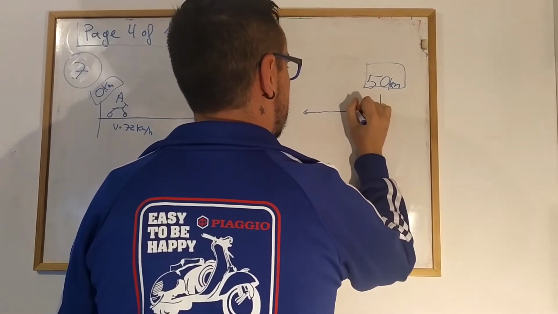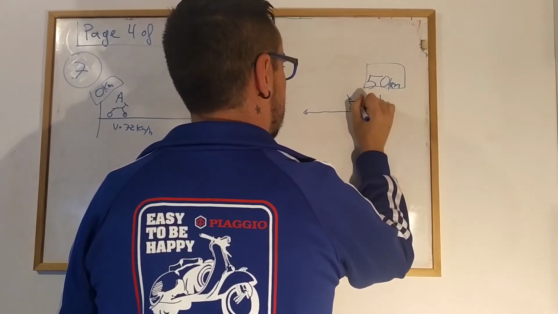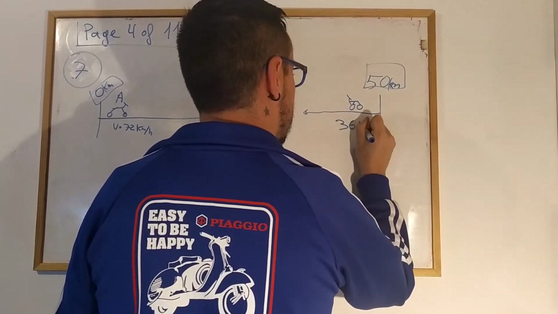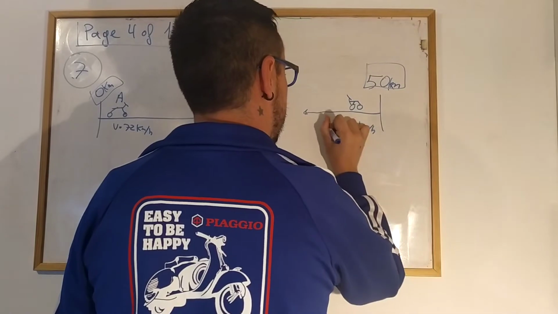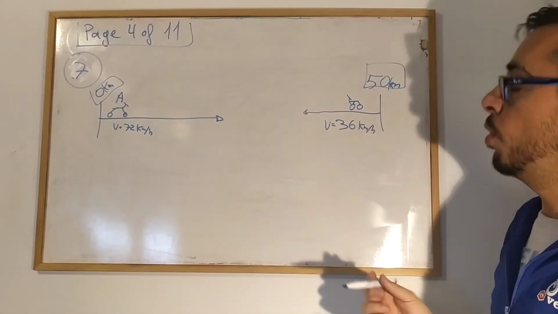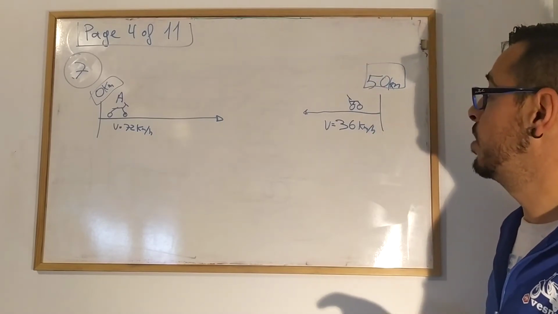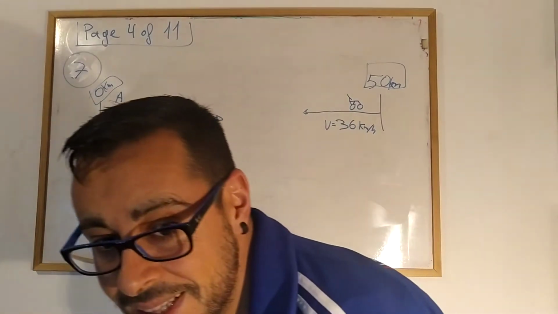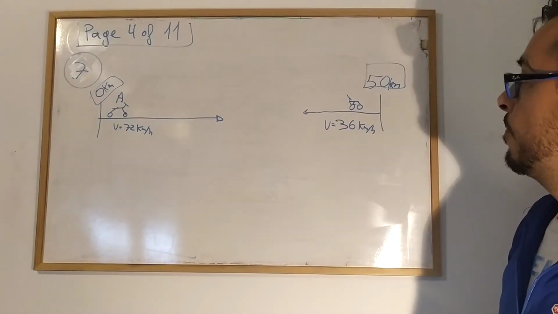The other one is going to be 36 kilometers per hour. Both have constant velocity. And it asks where they find each other.